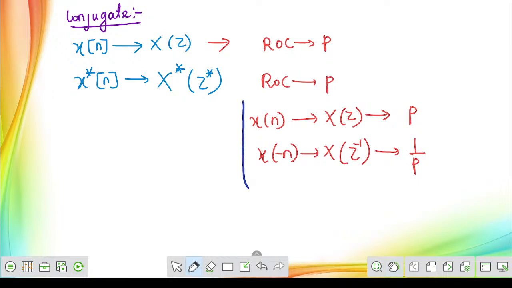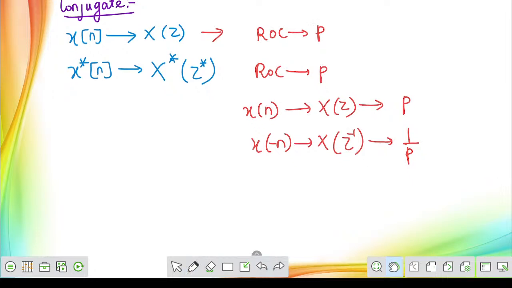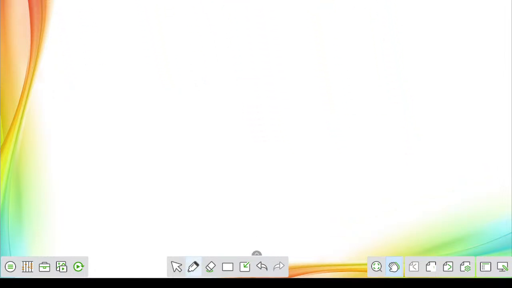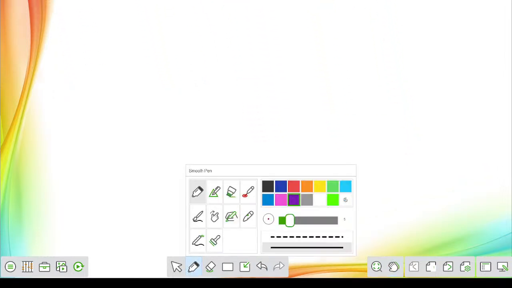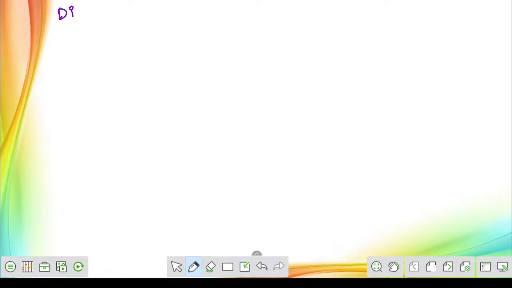Let us discuss another most important property, that is the differentiation property. The next thing we are going to discuss now is the differentiation property.